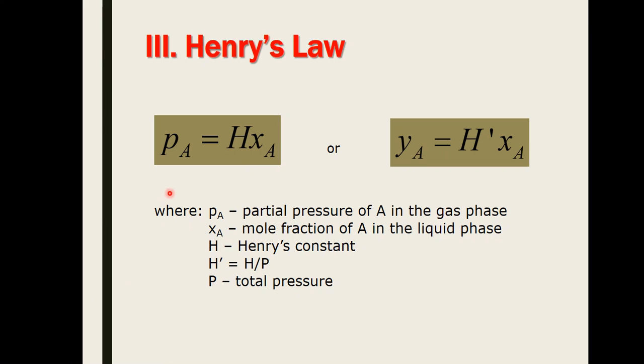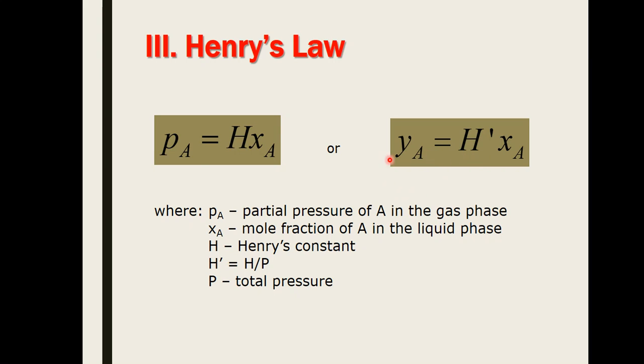It's quite similar to the formula that was shown to you, expressing the relationship also of partial pressure of A with mole fraction of A in the liquid phase. So everything here is defined. The second formula is only derived from the first. If we divide this equation by the total pressure of the system, then the partial pressure on the left side divided by the total pressure will be equivalent to the mole fraction of component A in the gas phase.